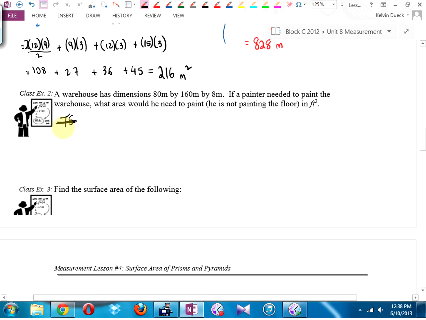The surface area of a rectangular prism is going to be 2LW plus 2WH plus 2, which one have I missed? LH. I didn't go in the same order, but I just know I have to have an L, a W, an L and an H, and a W and an H combined.